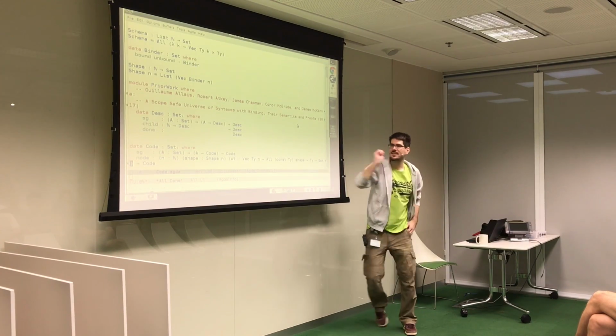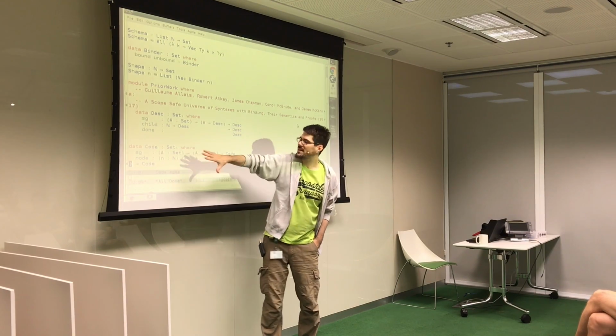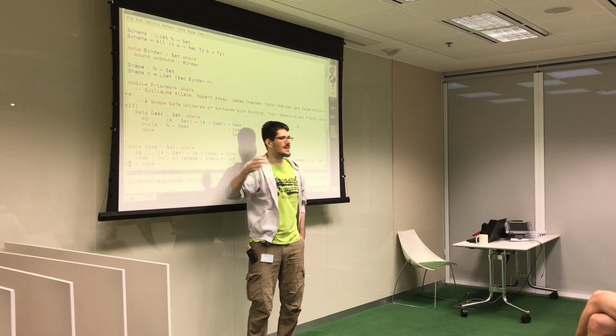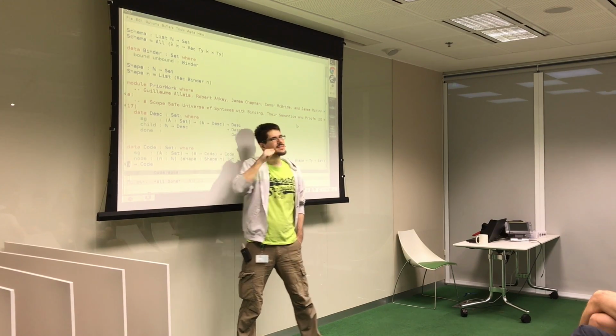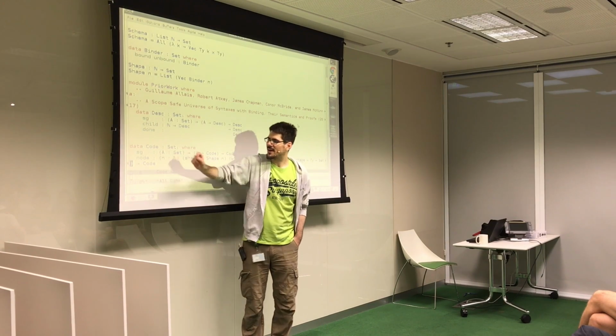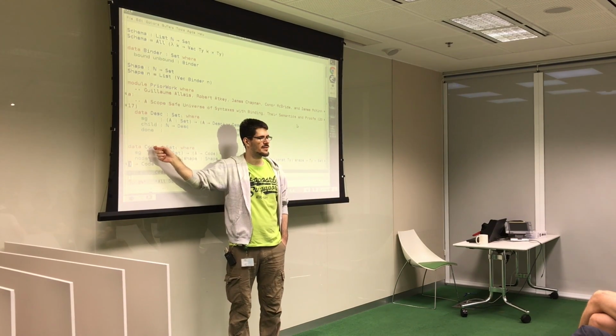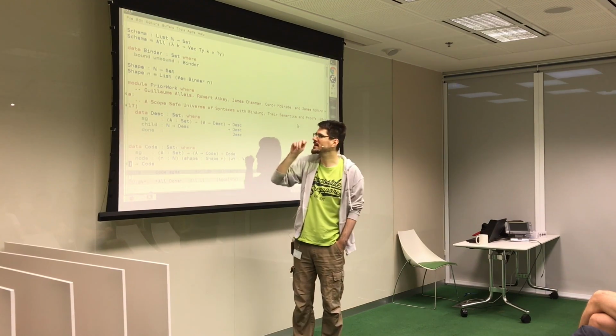Okay, so the idea is that there's this type code. This is something that a library gives you, like my library. And then you describe your language as a value of this type. We will see an example of what I mean by that.